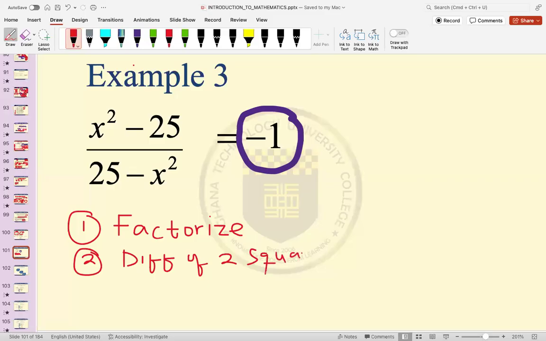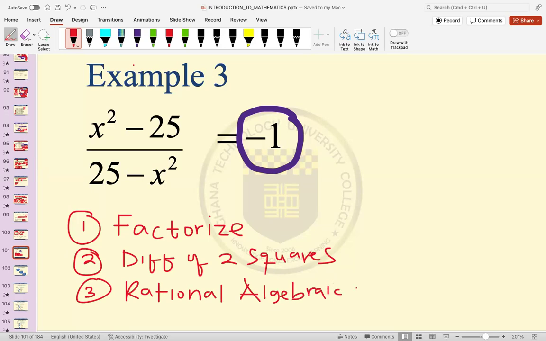And then our final topic we have done today is called rational algebraic expressions. And I'm sure when you see questions on this, it will not be too difficult for you to work with the techniques.